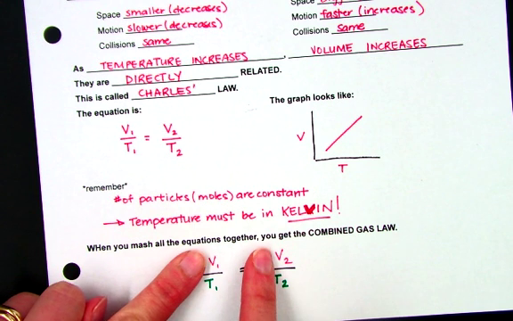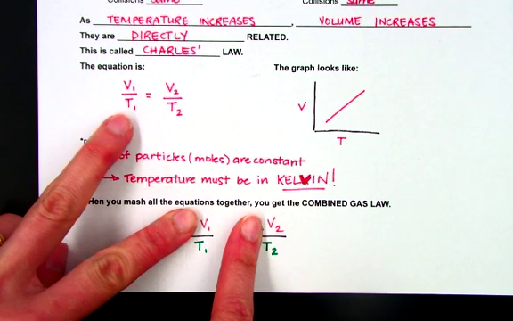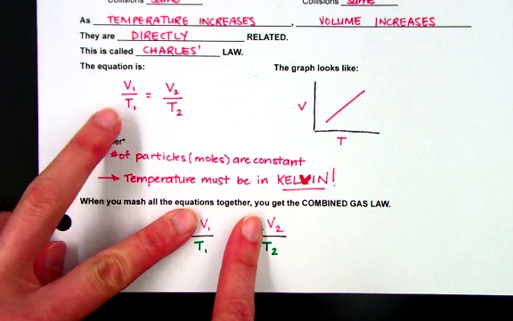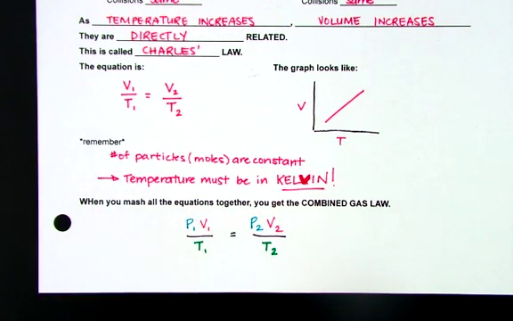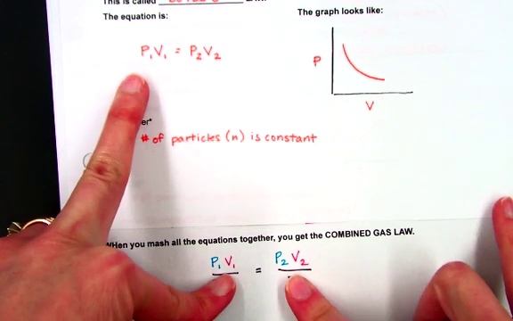Because if pressure is constant, that means I can just drop pressure out, right? And when I drop pressure out, does he look like this guy? He sure does, right? And if I drop out temperature, like I did in my notes from before, when temperature is constant, I can take out the temperatures, and does he look like this guy here?